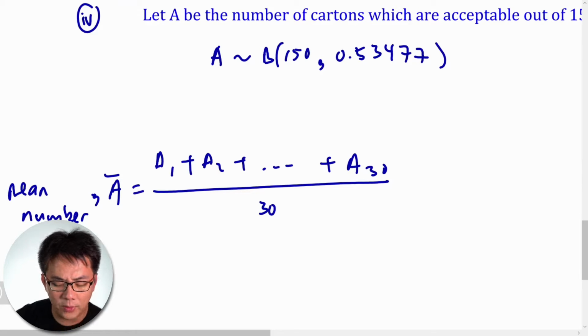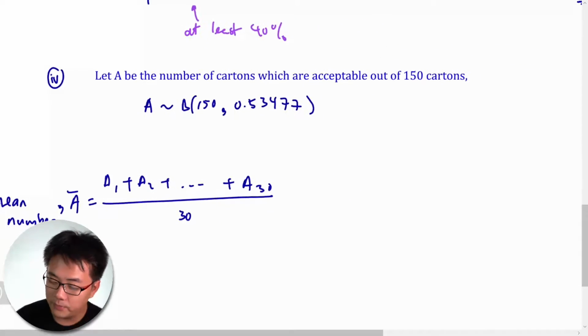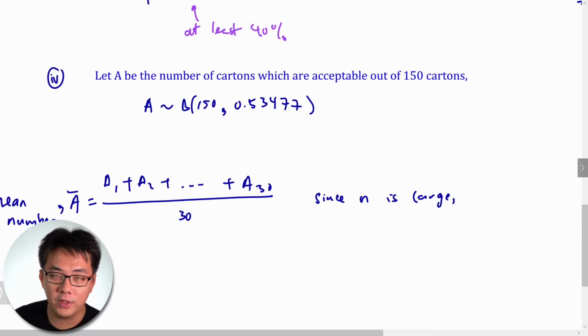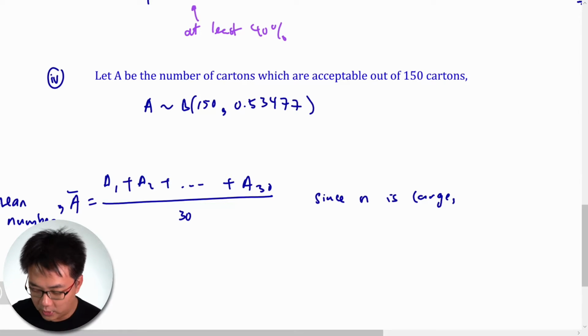When you are doing sampling, we'll do more of this question. So the next part: since n is large, you can use binomial to solve this. It's not an issue, but the problem now is that it's using a suitable approximation, so you have to use the central limit theorem.